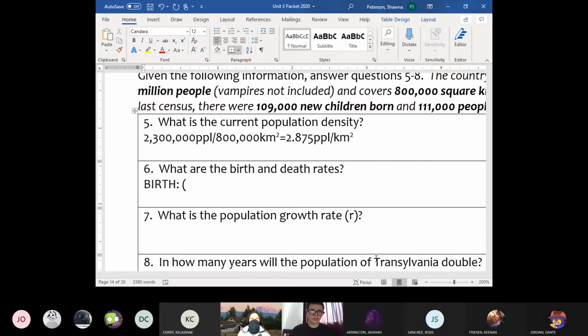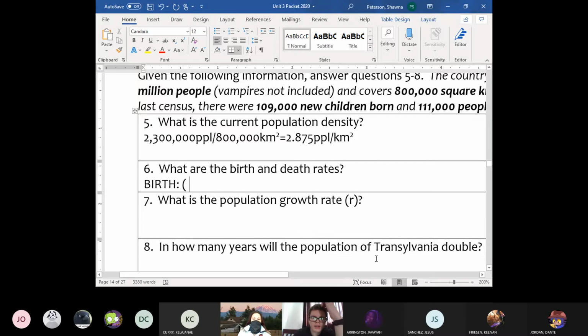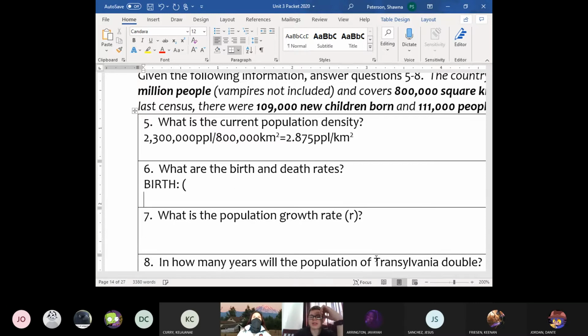How many births? 109,000. And that goes over our total population of 2.3.